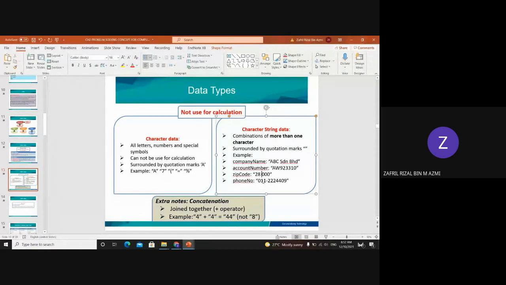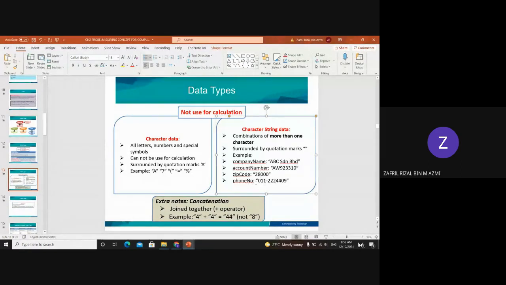A numeric format value should be just a number without a space. So this can be numeric, this cannot be numeric. So the answer is can, as long as it follows the numeric format value.